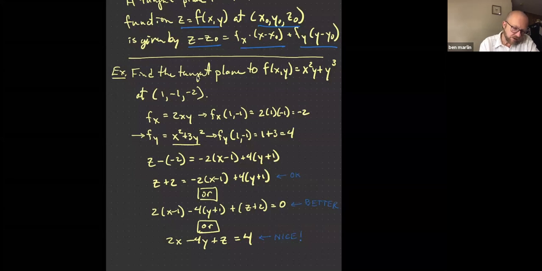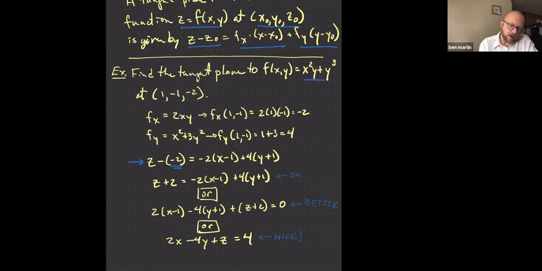So once you've got that, then you can plug your (1, -1) into the f sub y, and it turns out that you get 4 out of it. All right. So keep those in mind as we go along here, because at this point, all we have to do is plug into the formula we had. If you need to go back and check, the -2 came from plugging (1, -1) into this function f of x, y.